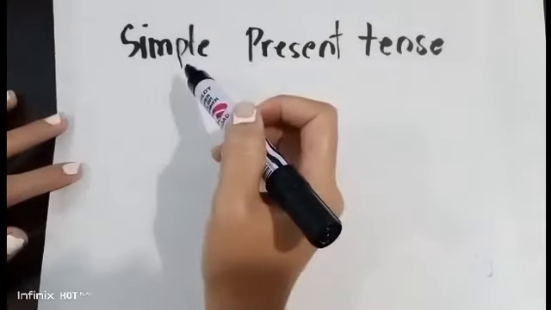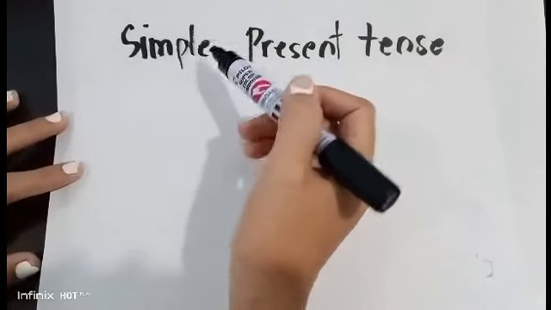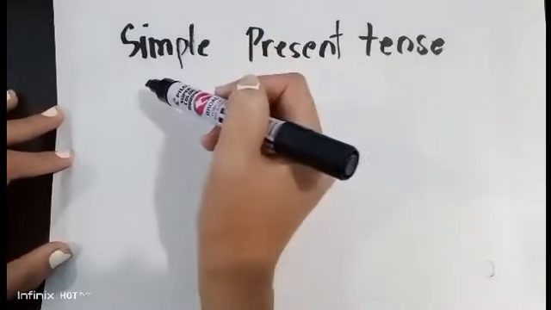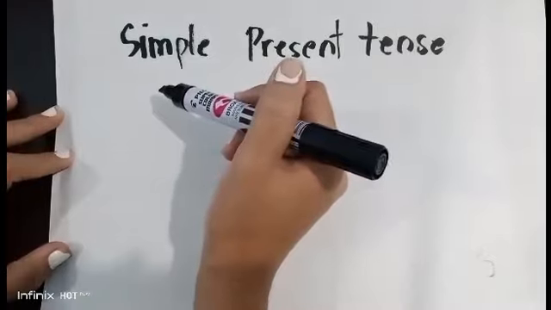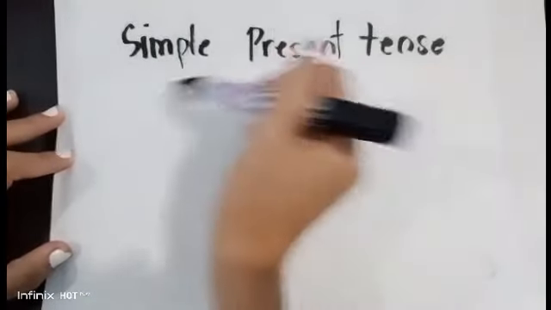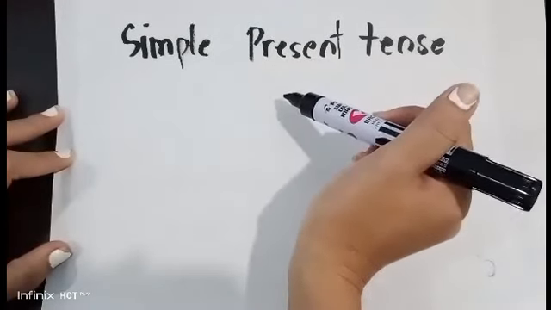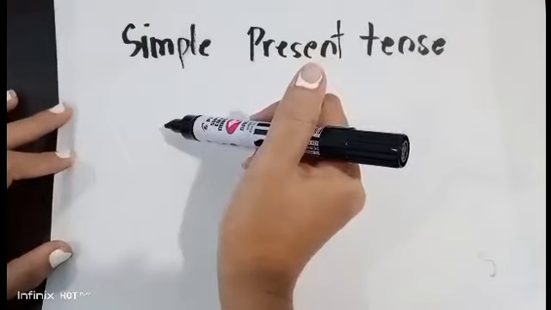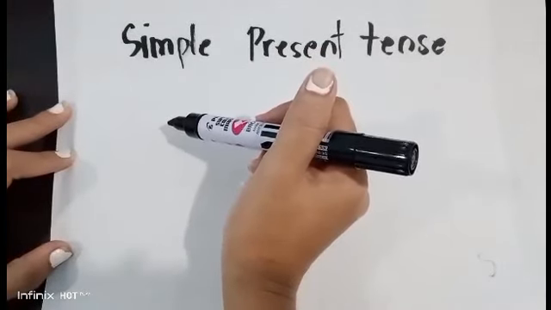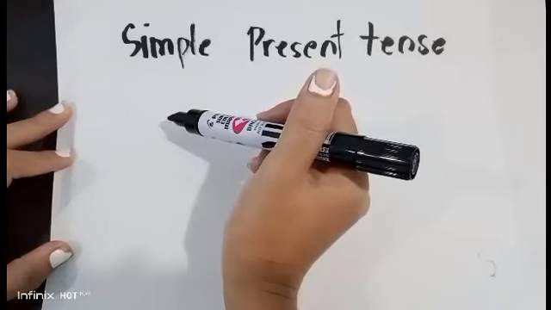Okay, so let's have a short review about the lesson that we just had, simple present tense. Now, it's very important to know when we are going to use this. So we use this for general truth, repeated action, how often we do things, and also for fixed schedule, the schedule that we already arrange. Okay, and let's go with the sentence structure.